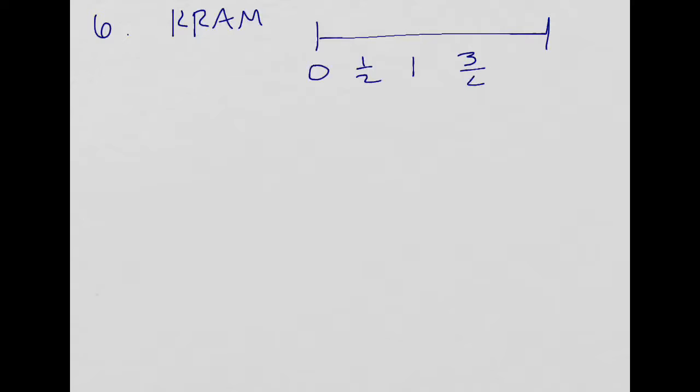Number 6 asked me to repeat that for RRAM and MRAM. So if I did RRAM, my number line again looked like 0, 1/2, 1, 3/2, and 2. So RRAM would be 1, 2, 3, 4. So my width is 1/2.